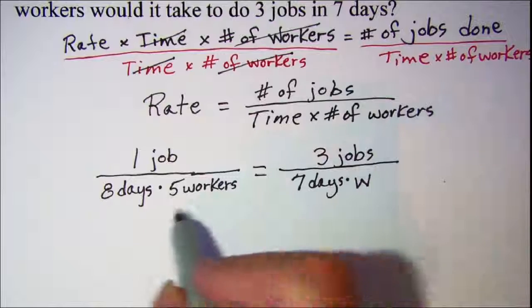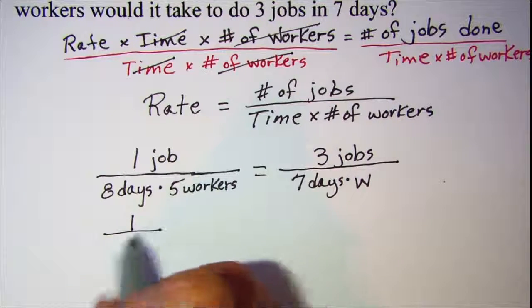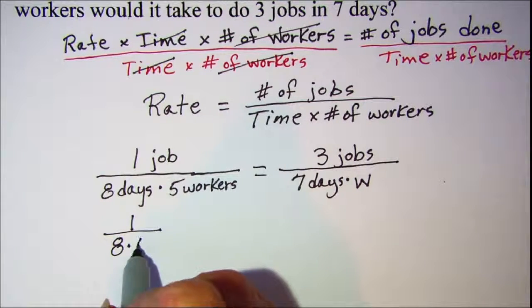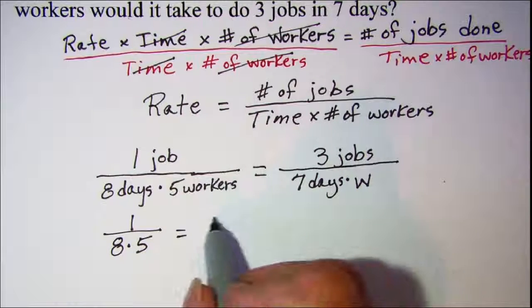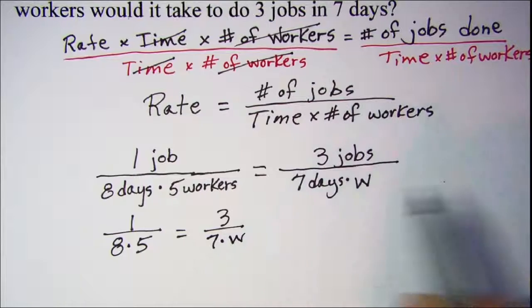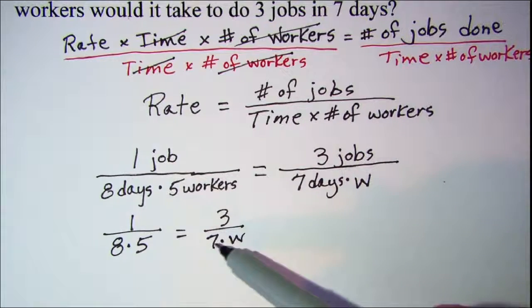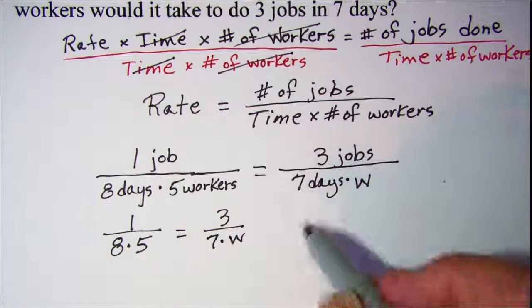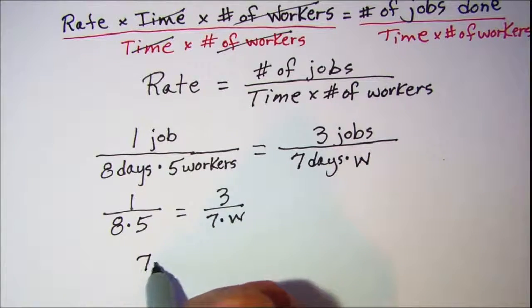Let's write it with just the numbers. We have 1 over 8 times 5 equals 3 over 7 times W. We know that cross multiplication, 1 times 7W is 7W.